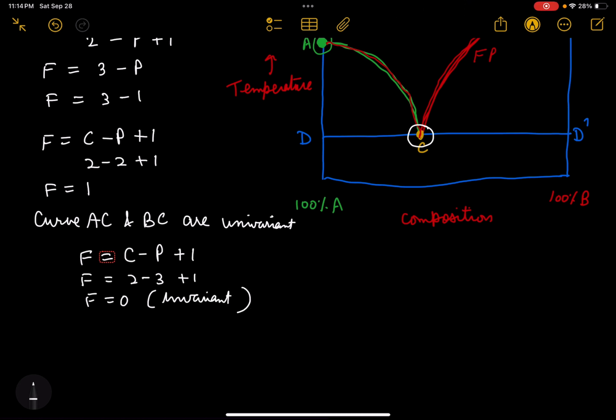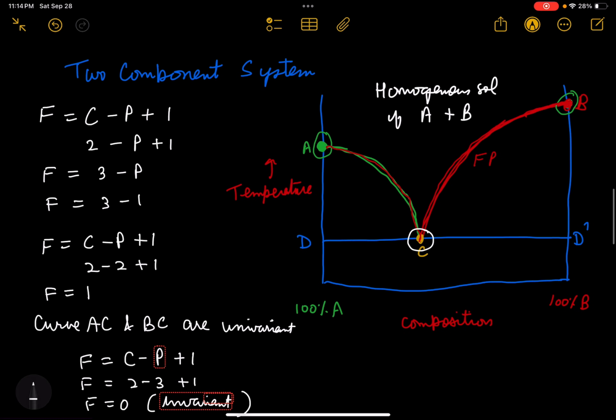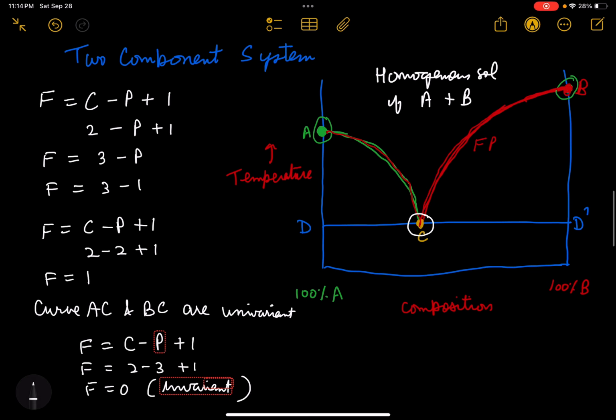The system is invariant at point C. C is the lowest temperature at which solid A and B and the liquid solution coexist. Point C is also known as the eutectic point.